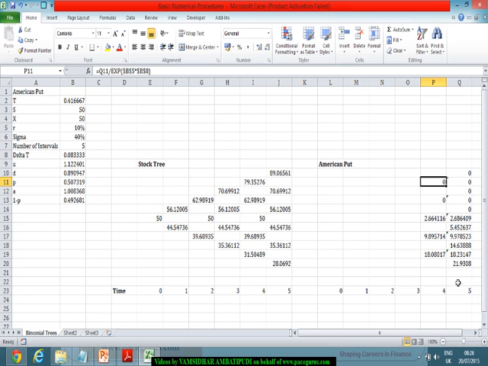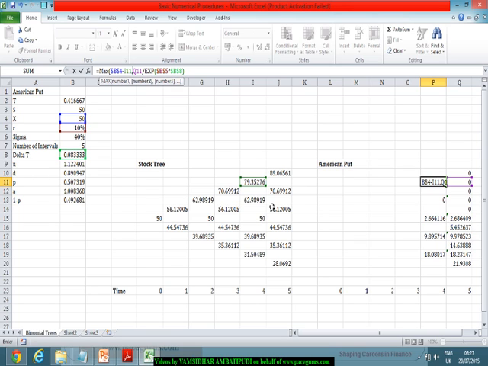Now because it's an American put option, along with this, I'm even supposed to check what if the option is exercised here. So apart from this number, I would also look at the maximum of either this number, or if the option is exercised at any of these prices, which is nothing but the strike price minus the stock price at this particular moment.